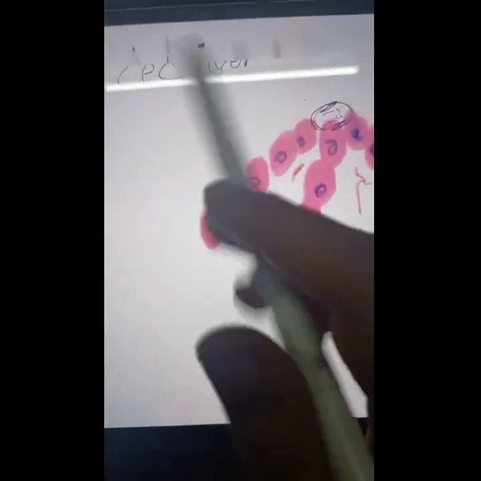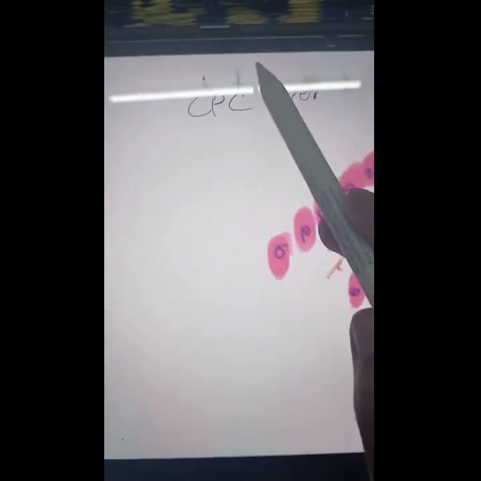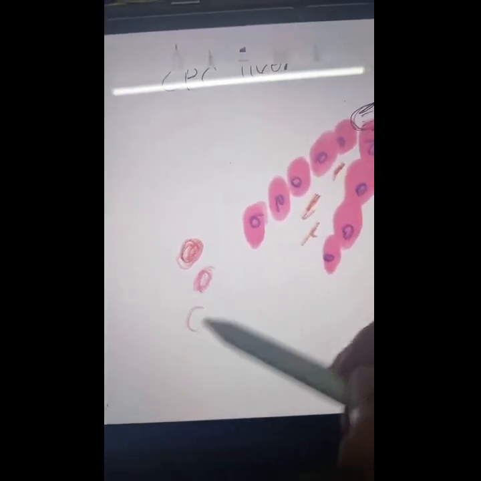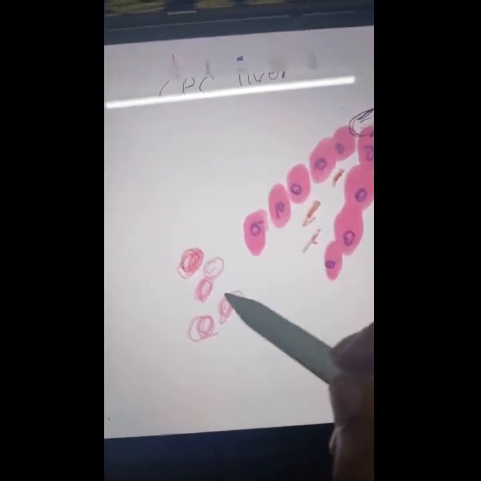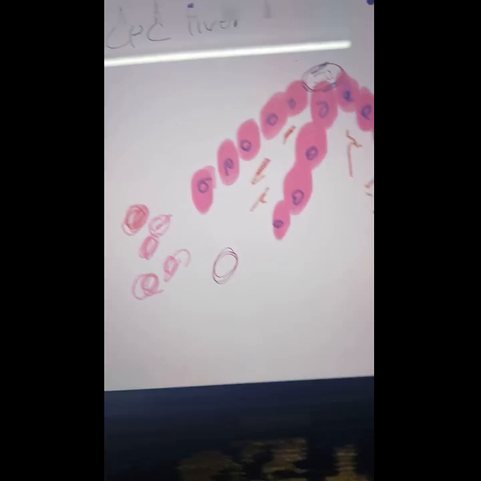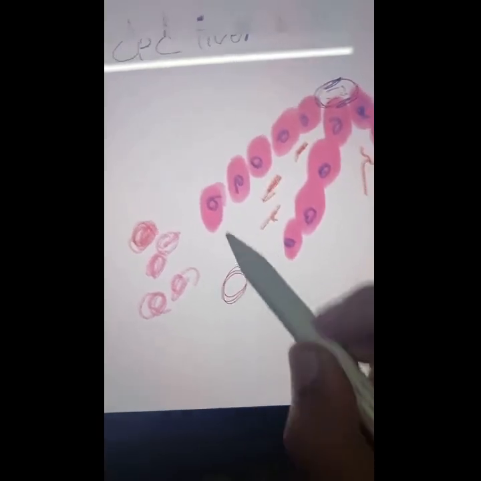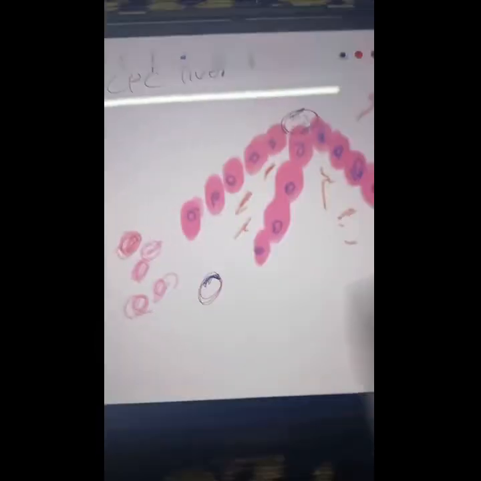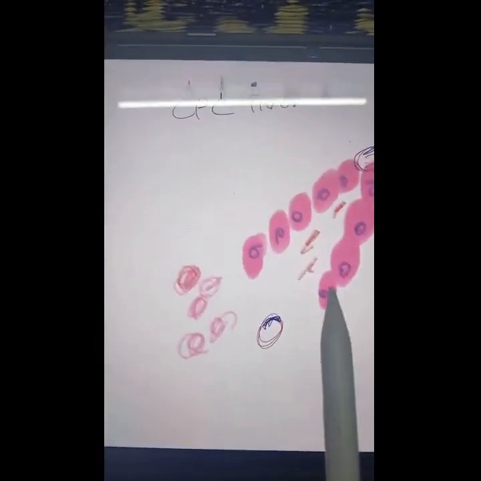Basically this is the central lobular region, but in the peripheral region the hepatocytes are normal. So the hepatocytes in the peripheral region show normal morphology. And also what we observe is a fatty change, where the hepatocytes show fatty change. So this is the basic histology of CPC liver.